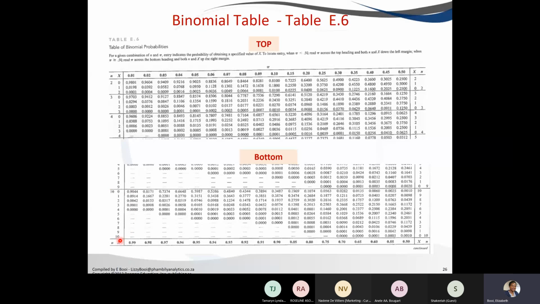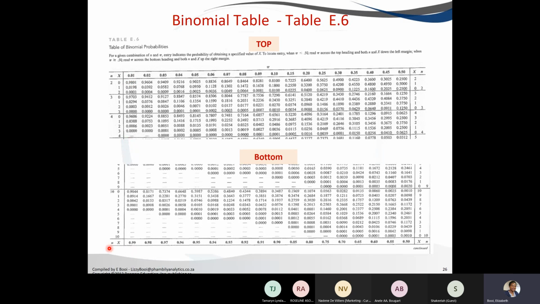So when you look at the second page, please don't turn it around and try and make sense of it in that manner. You must always know that at the bottom of this table is the opposite of 0.09. That will be 0.99.